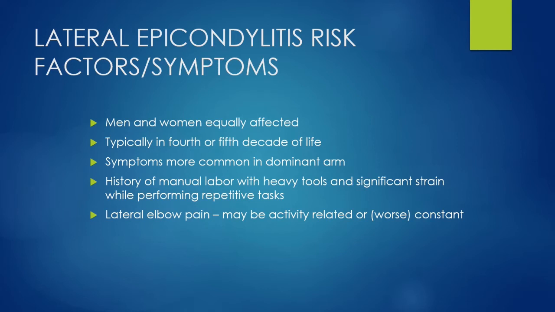Simply pain that's activity related in the early stages, and then in the end stages, with chronic degenerative changes of the tendon, the pain is going to be constant, and it's going to become a stubborn condition as described in the AMA Guides. And as you're going to see, it's going to become a recalcitrant recovery. And these are the type of examinees that go on to require a permanent impairment rating.